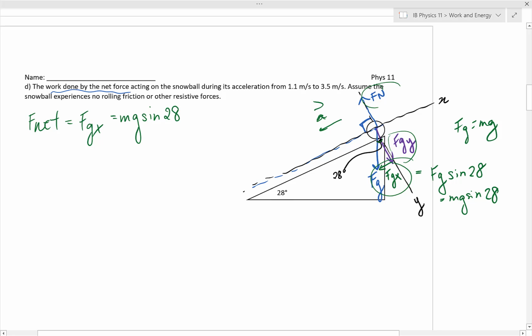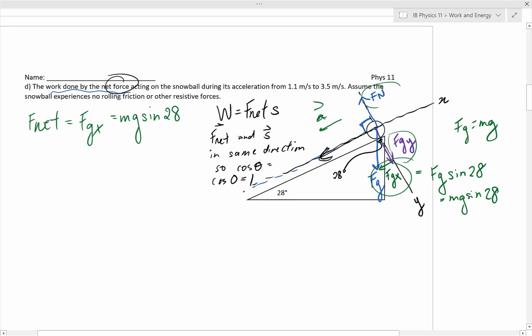What is the question asking for? Let's double check. The work done by the net force. So that is W equals F net times displacement. Well, we know that this snowball is going to go down this incline, so the F net and the displacement are parallel to one another because they point in the same direction. We don't need to worry about a cosine theta anymore.